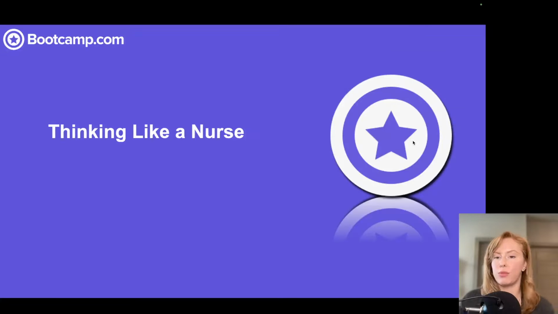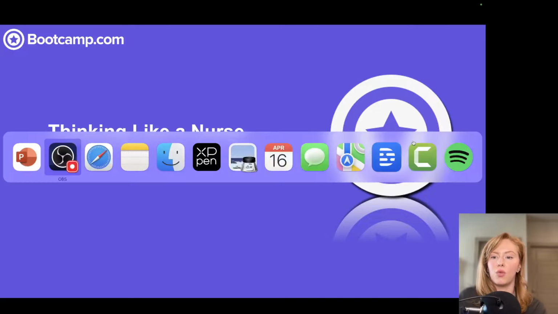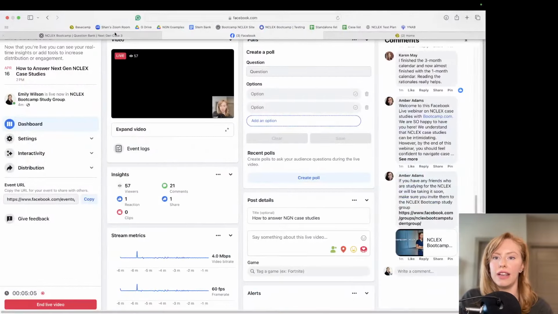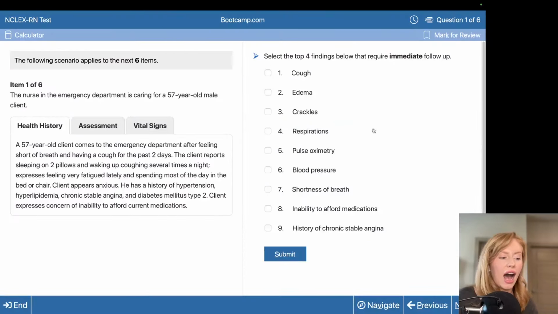So let's do it. Let's practice thinking like a nurse, and we're going to be walking through one of our cases together. I want to know from you guys, how many of you were actually able to practice NextGen cases in school? Let me know if you had some kind of school-provided NextGen case study practice or if you had to go somewhere else to practice.